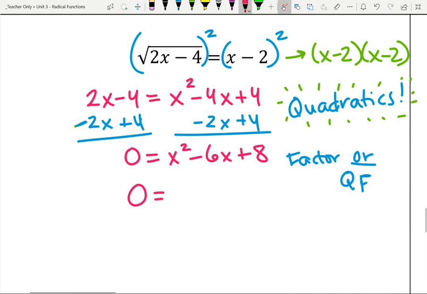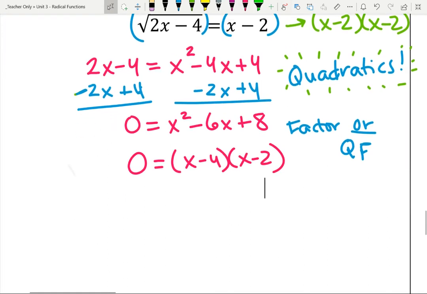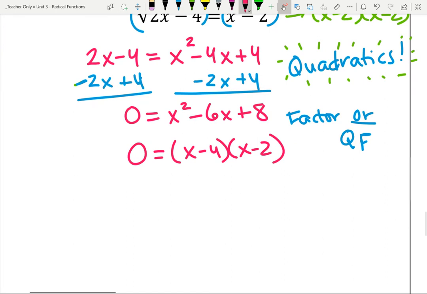I'm not going to go through the factoring process here, but once that's all done, I end up with x minus 4 times x minus 2. And this, we've done this 100 times. We set each one of those factors equal to 0. So in the end, we get the solutions x equals positive 4 and x equals positive 2.